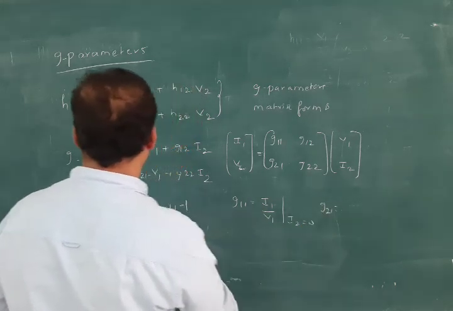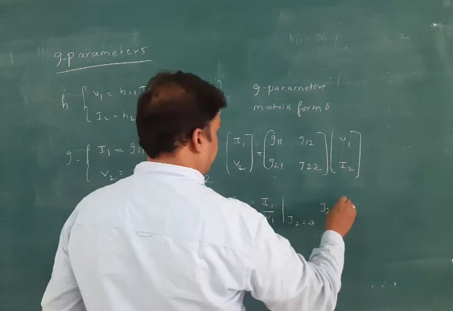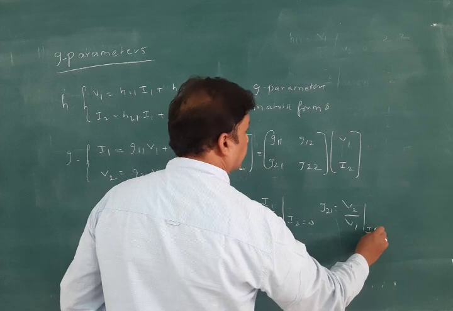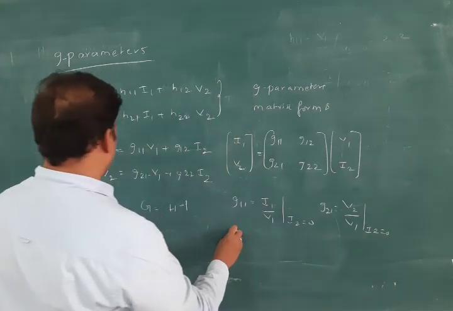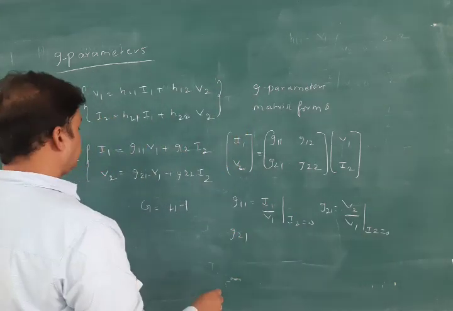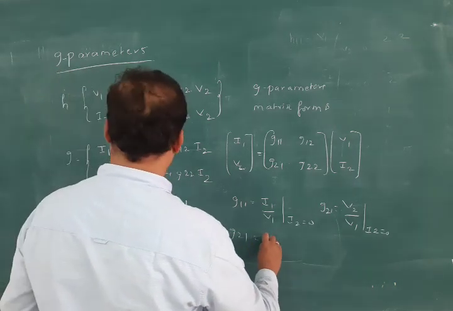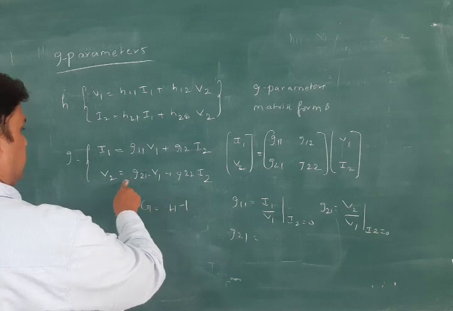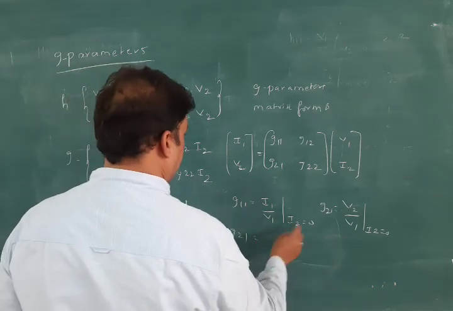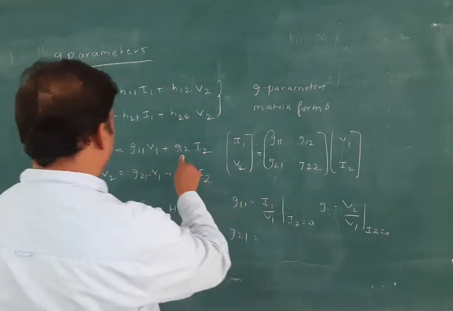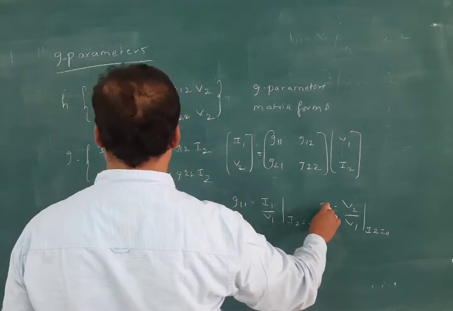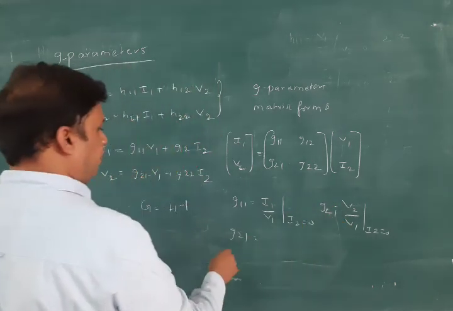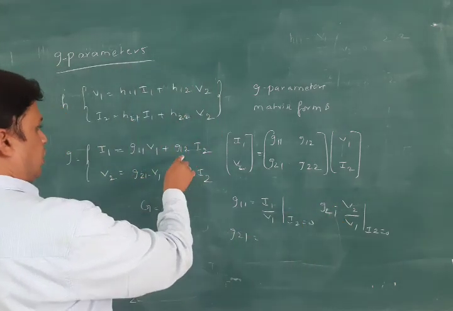G21 is equal to V2 by V1 at I2 equal to 0. And here G12 we will find out.